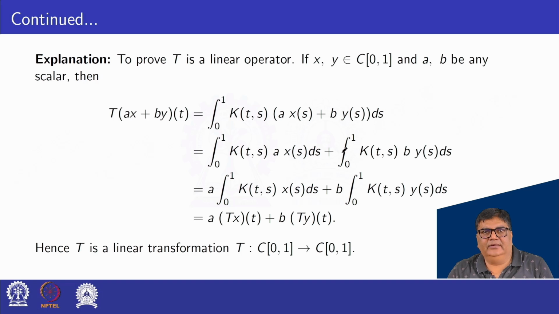A is a scalar, B also is a scalar, so we can take them outside the integral. So we can write this one, the integral of k(t,s) x(s) ds, is Tx, and this one is Ty. So T(ax plus by) equals a Tx plus b Ty. This shows that T is a linear transformation.